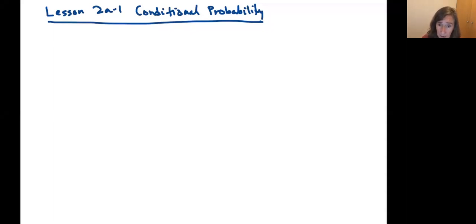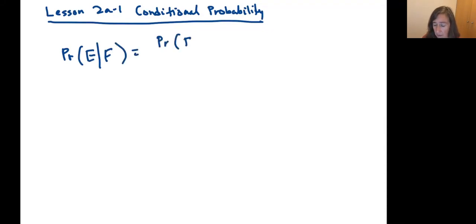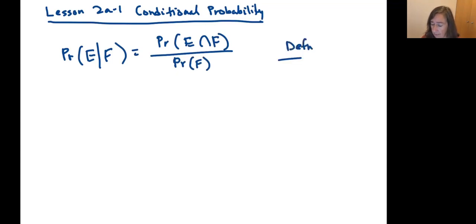Okay, so the way we write conditional probability is like this. The probability of E conditional on F is, by definition, the probability of E intersect F divided by the probability of F. Okay, so this is our definition.